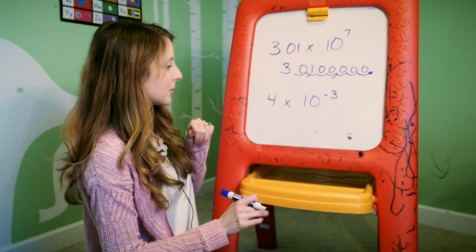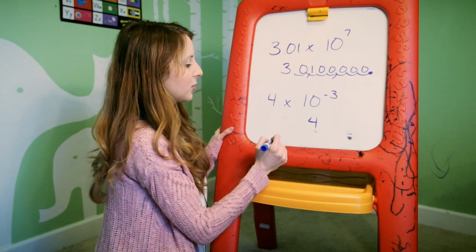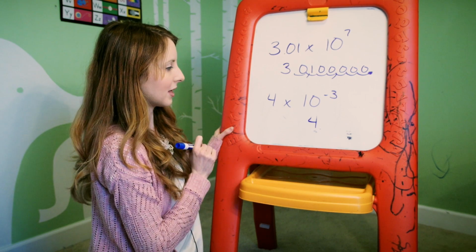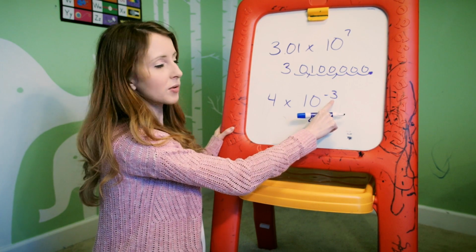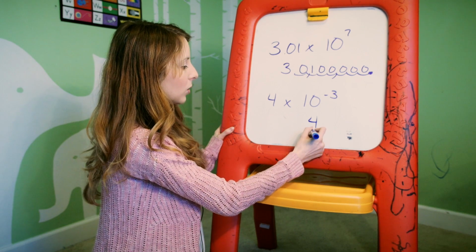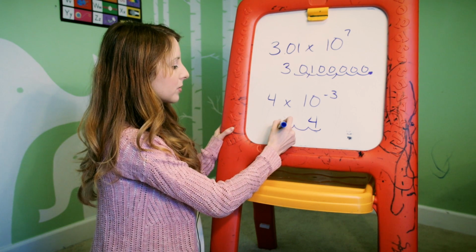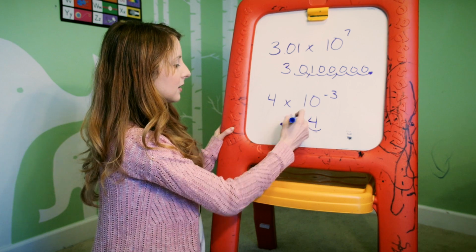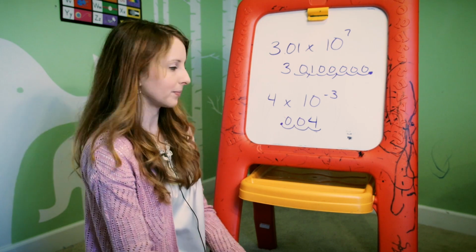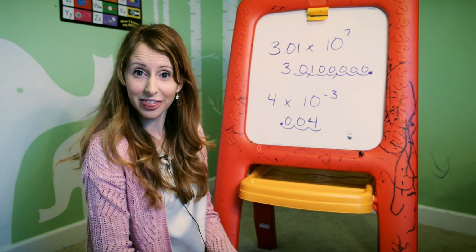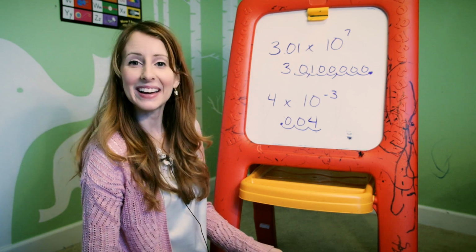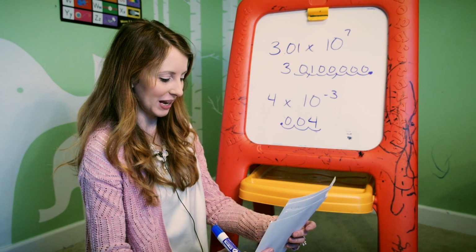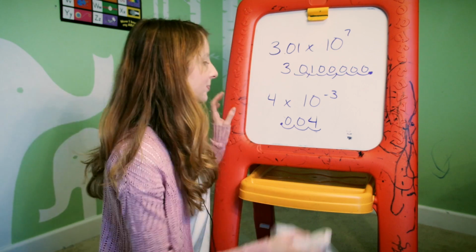And then to write this number, here I've got the number 4 with the decimal point, of course, right there. I need to move it in the negative direction 3 places. So 1, 2, 3. That's 0.004, or 4 thousandths. All right, now we can move on to section 8.4, polynomials.